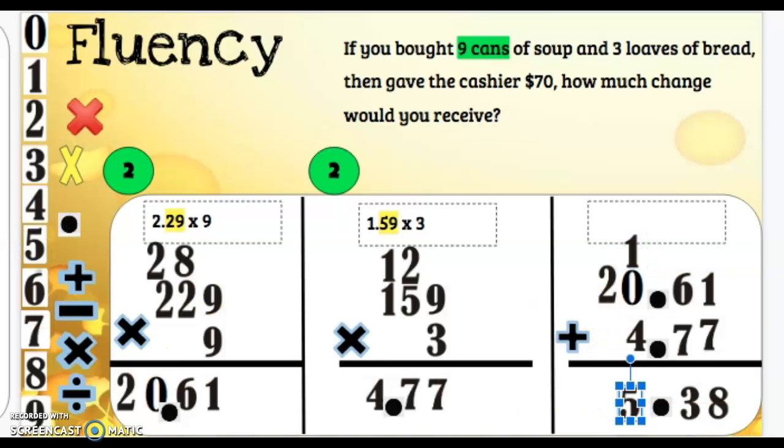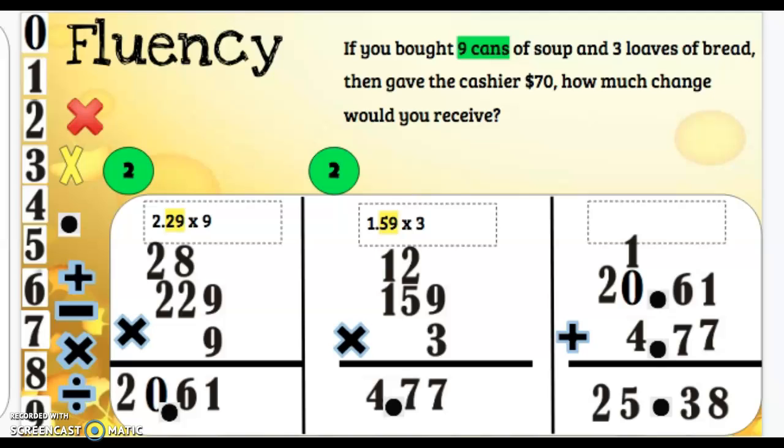And then the 2. So I spent a total of $25.38 at this store. Okay? And I gave the cashier $70. I gave him more money than I needed to, but I gave him $70, okay?